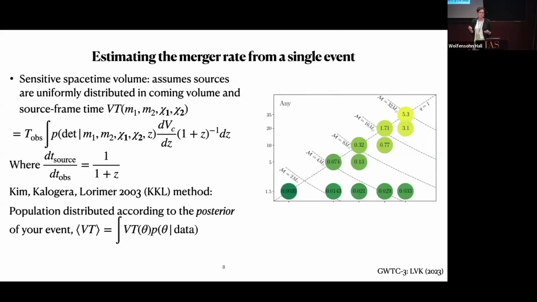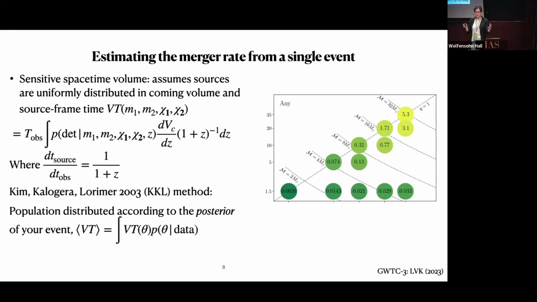What sort of masses are you talking about? The population assumptions are going to affect what this VT is. You can expand it out for just two fixed black hole masses with two fixed spin vectors, so M1, M2, chi1, and chi2. This VT term is just an integral over redshift.